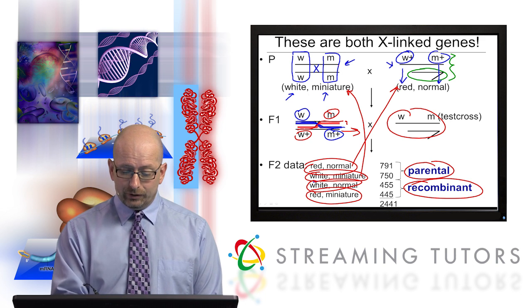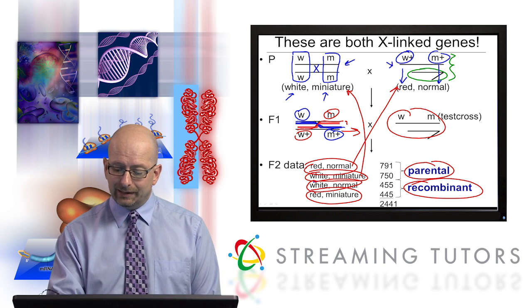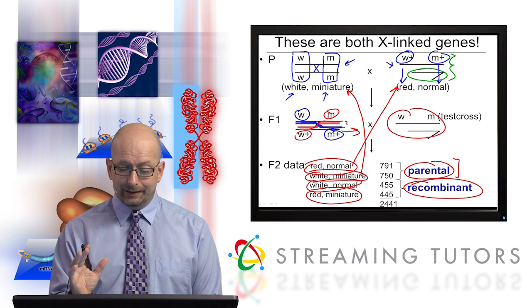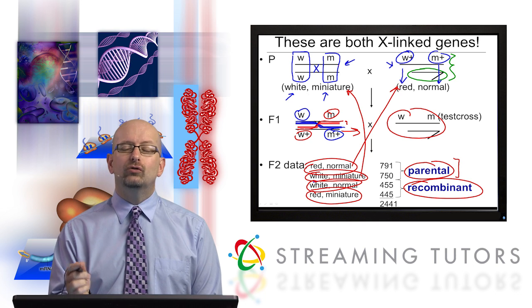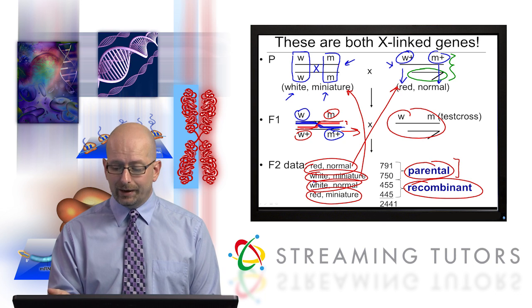Now, if you see this data, this is what it basically means. We had said last time that pretty much always in this type of situation, you'll see more of the parental types than the recombinants because probably crossing over doesn't occur all of the time, right?